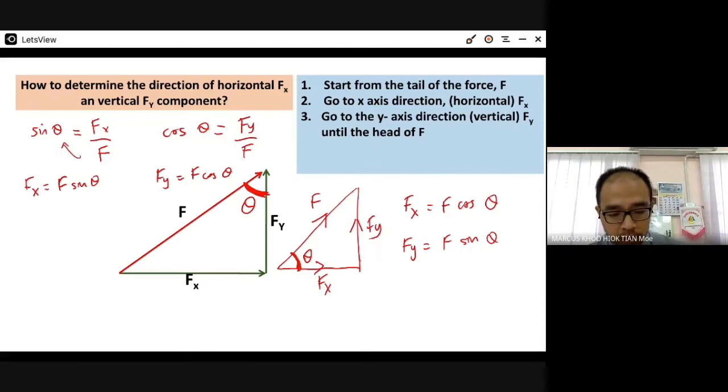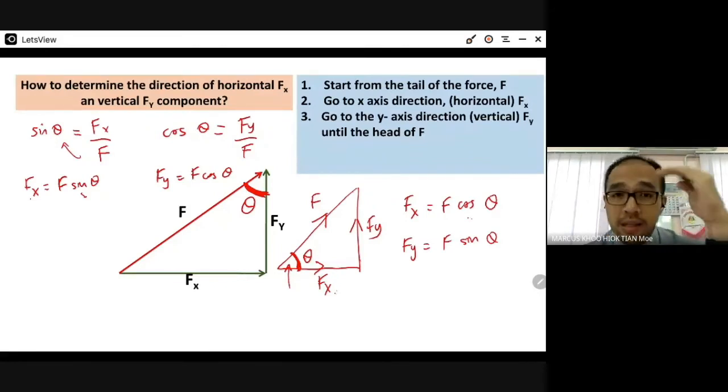Notice if the angle is up here then for Fx we use sine. If the angle is down here, then for Fx we use cos. That's a very important relation and something that you must remember. When we're talking about resolution of forces, where you put your angle is very important.